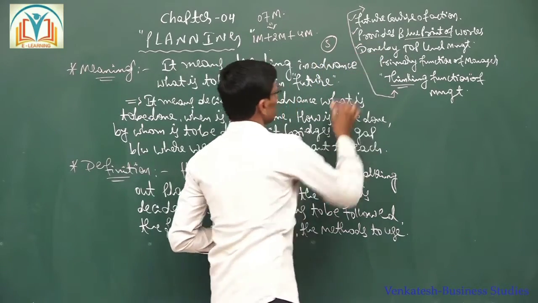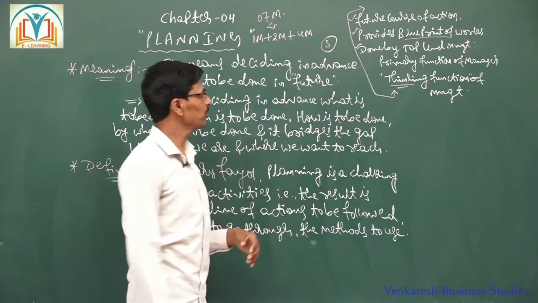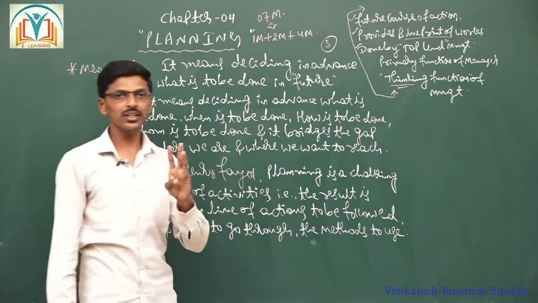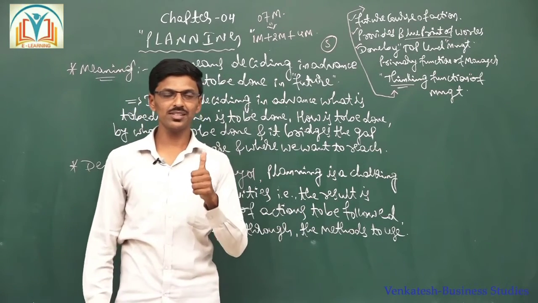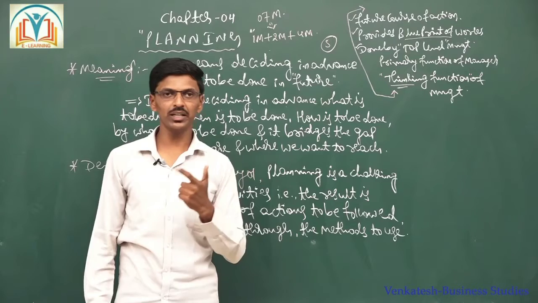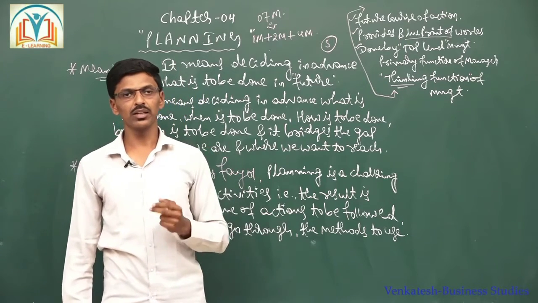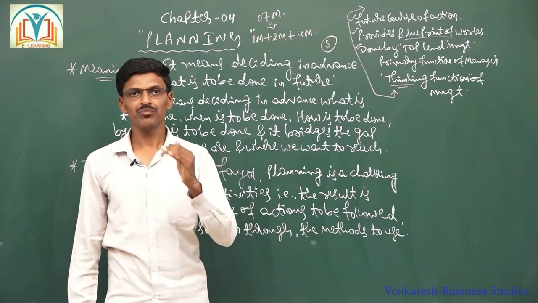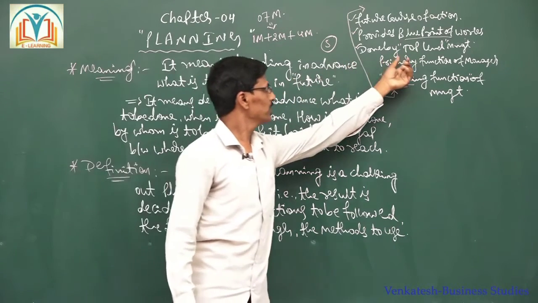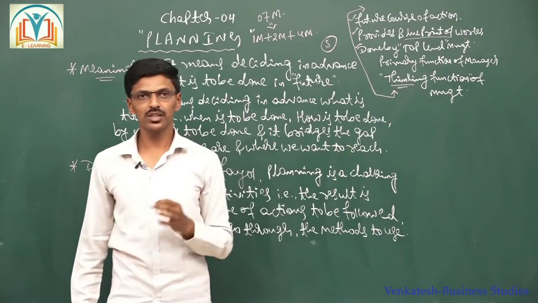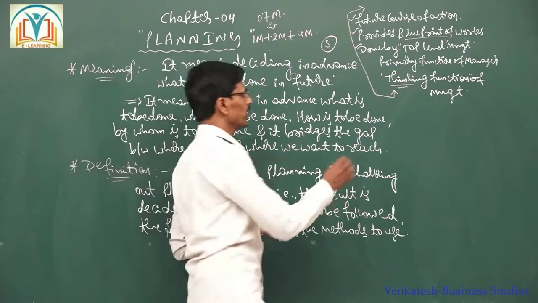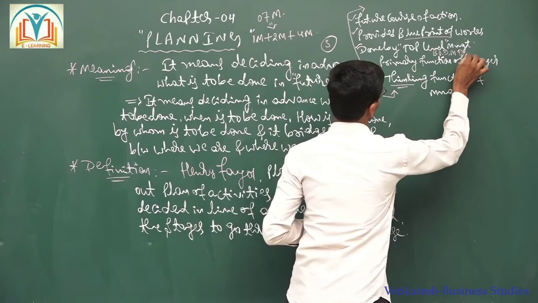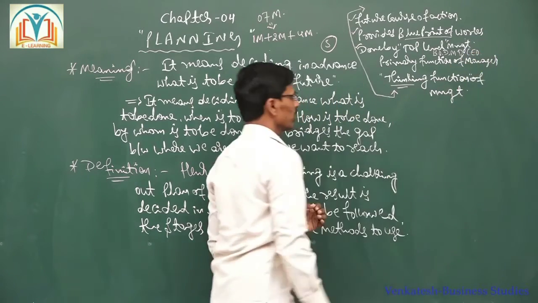Planning is done by top level management. As you know, there are mainly 3 levels of management: top level, middle level, and lower level. Planning is a special activity to be done by the top level managerial executives, where in the top level we see the board of directors, managing directors, and CEO of the organization.